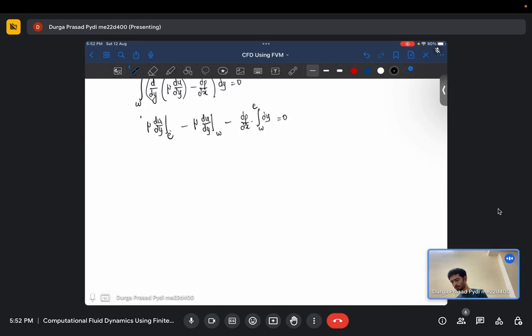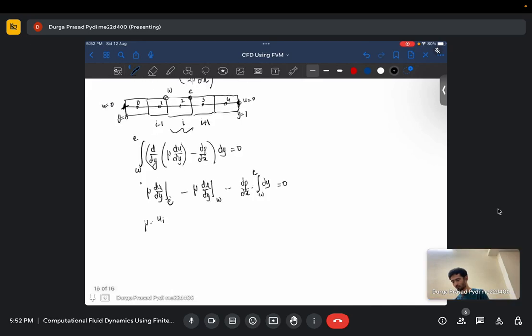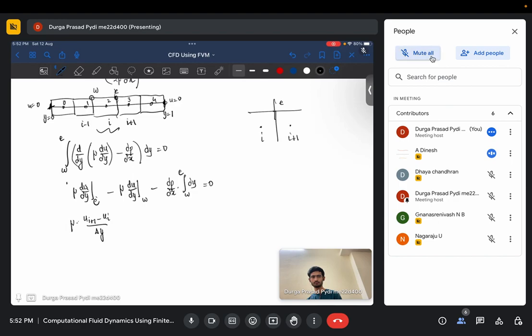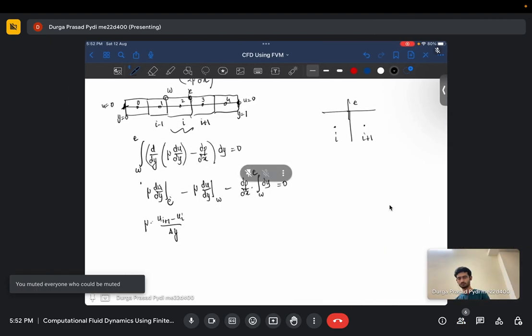If you use the linear approximation, on the east face you have something like this. This is your east face, this is your ith centroid, this is your I plus 1 centroid. So du/dy at the east face is essentially (u of i plus 1 minus u of i) by delta y, minus du/dy on the west face.